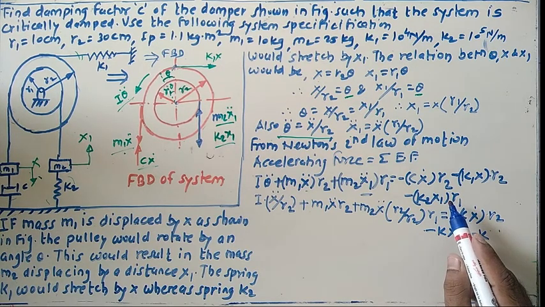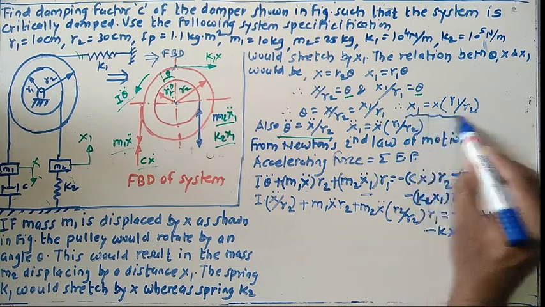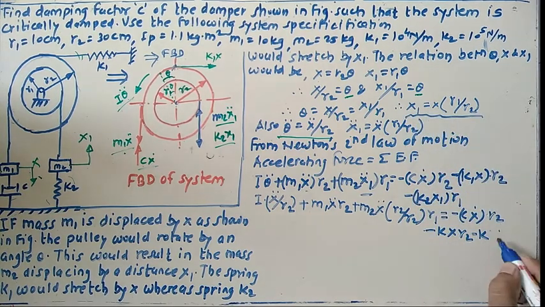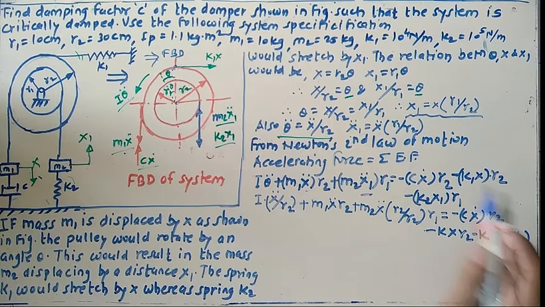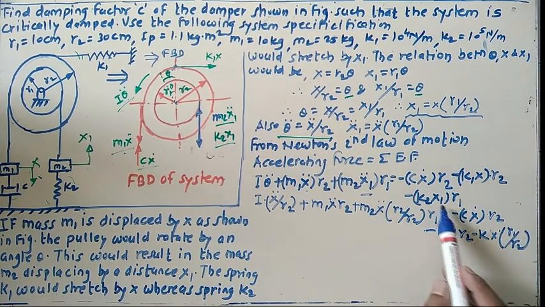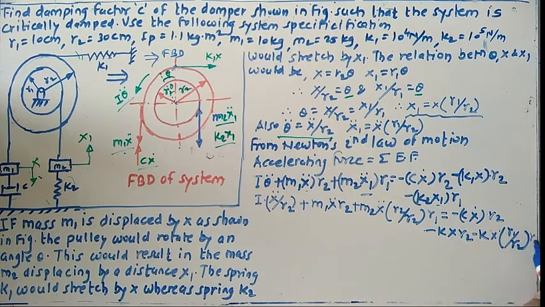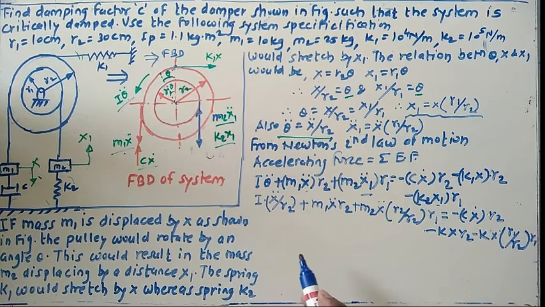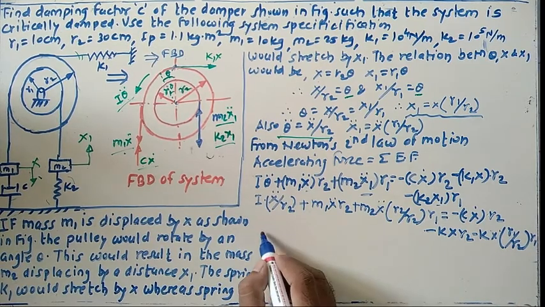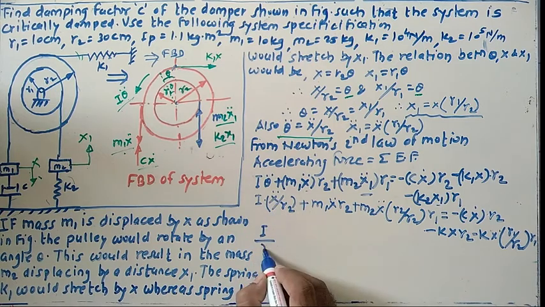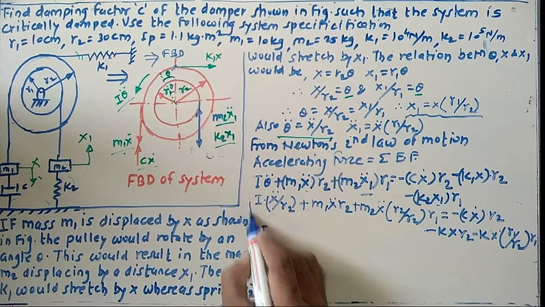The x1 term we already have here. x1 is nothing but x multiplied by r1 by r2. Okay, this is the x1 term, multiplied by r1. Now try to simplify this. I just take this x double dot common from all the terms.